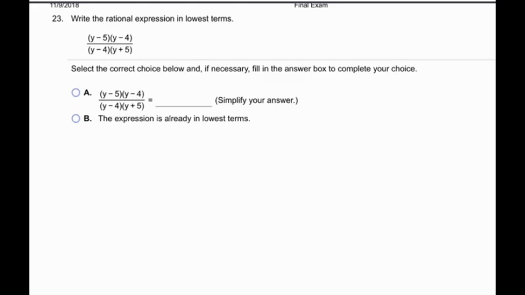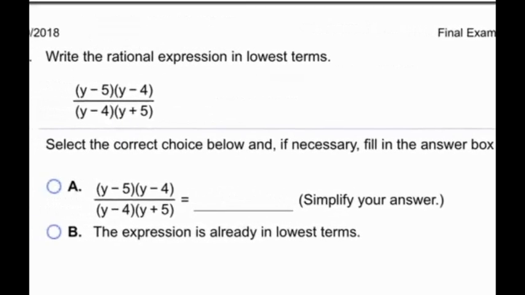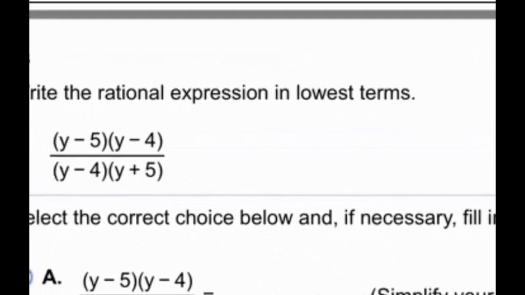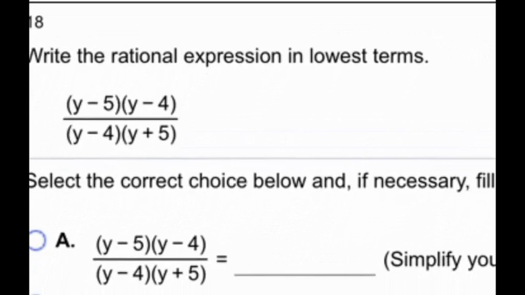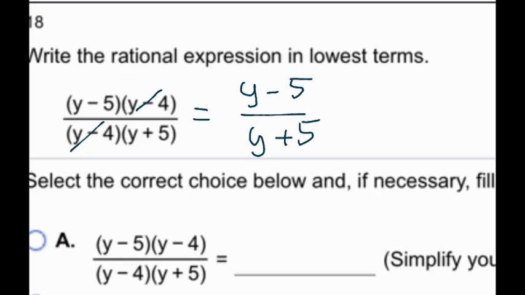Notice right off the bat, if we were to zoom in here, that y minus 4 is common in the numerator and the denominator. So we can say that those two things cancel out. So this can be rewritten in simplified terms in this way.